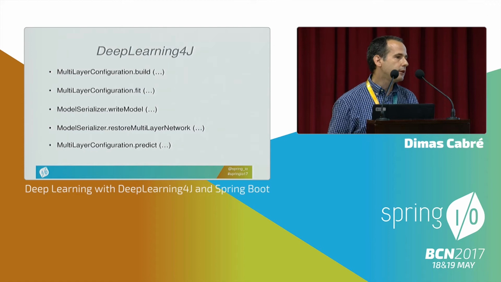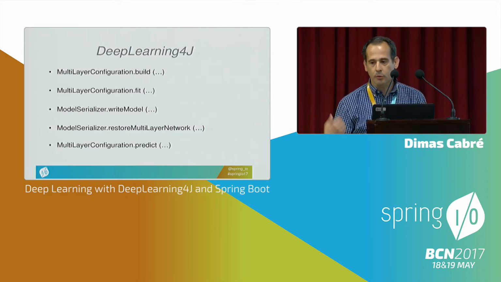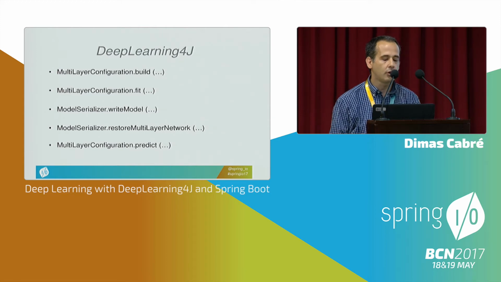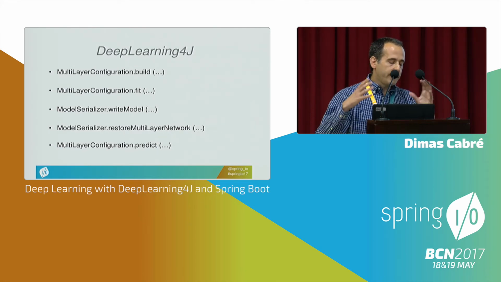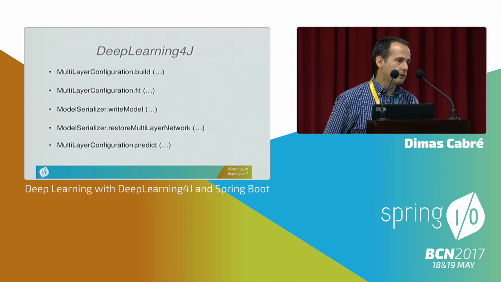It's where you decide if you want to have 5 layers, 6 layers, 10 layers, with backpropagation, with no backpropagation, with a learning rate bigger or smaller. Okay, that's what in DeepLearning4J is done with the method build. After configuring your neural network, you build it, and then you already have a neural network that is ready to be trained.